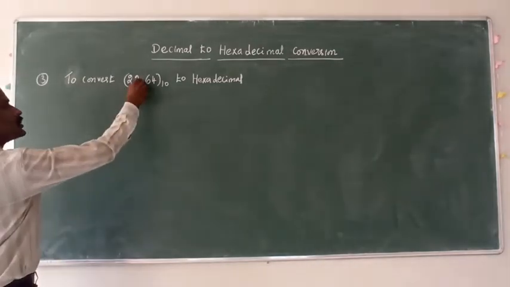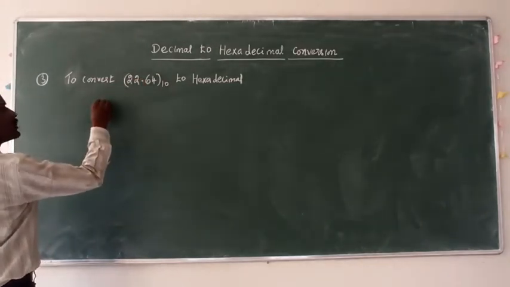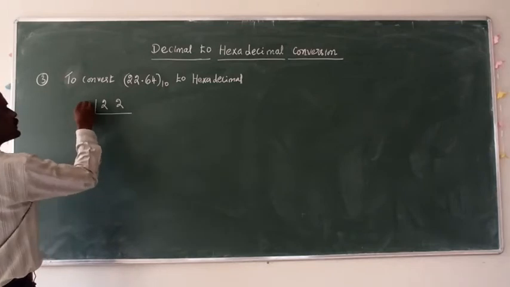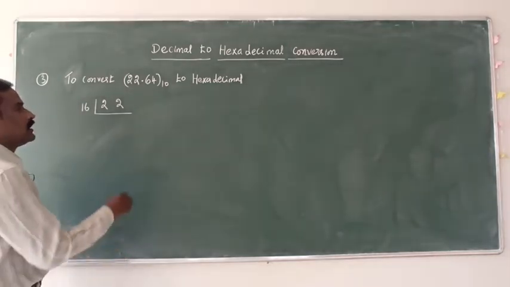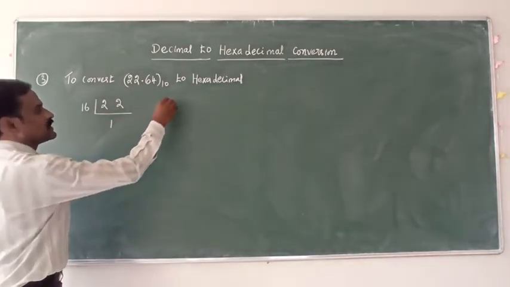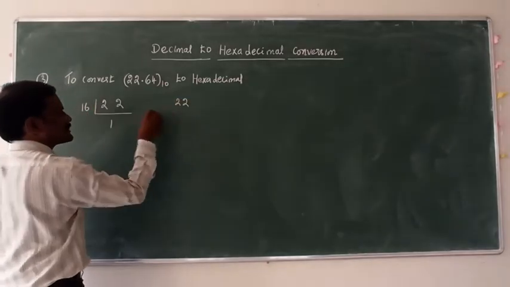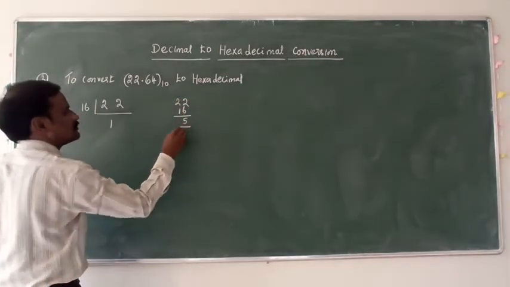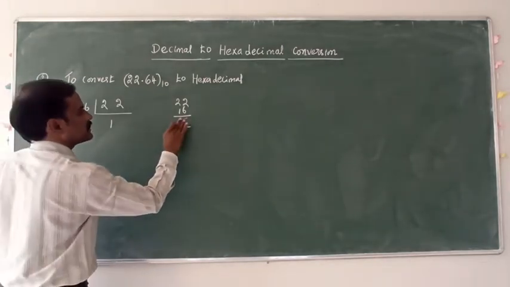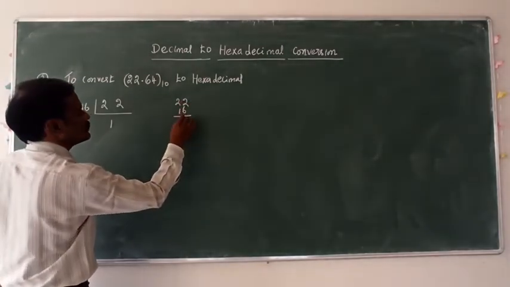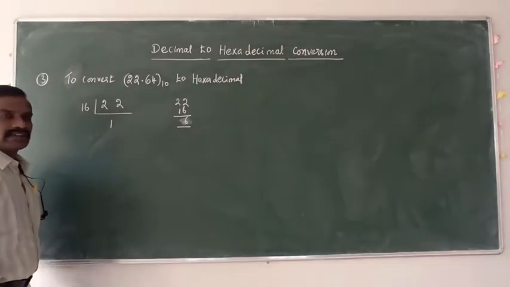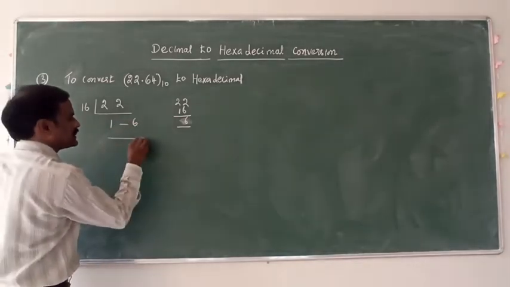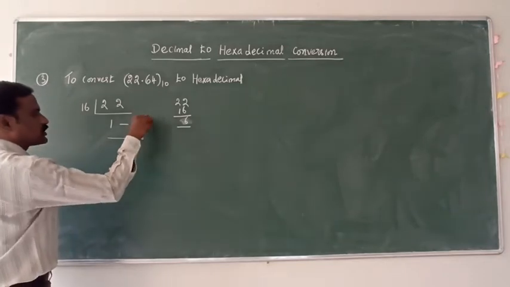First, we take the integer part before the decimal point, 22. 22 divided by 16 is 1 time and remainder 6. We write the result from down to top.